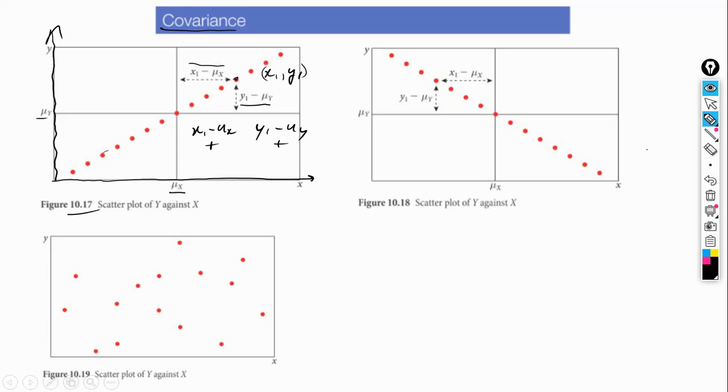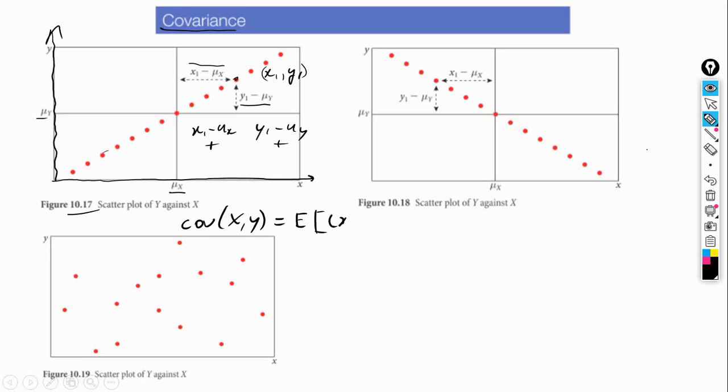So the covariance is defined as, we write it as COV of xy, is equal to the expectation of the multiplication of the deviations.